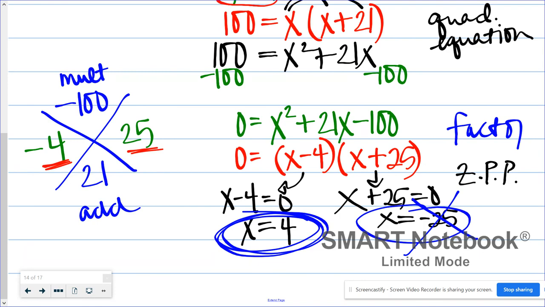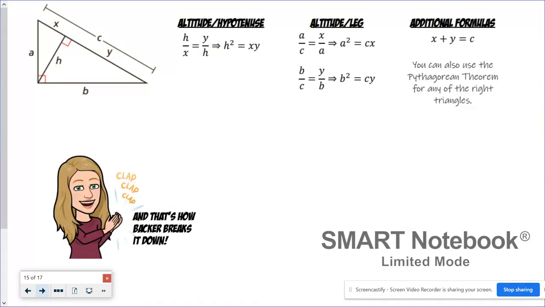It's just that after I found my cross products, it produced a quadratic equation. So to solve a quadratic equation, get it equal to 0, factor, and then use the zero product property to find the values of x. And then, of course, ask yourself, what makes sense? Because this is geometry. And that's how Becker breaks it down.